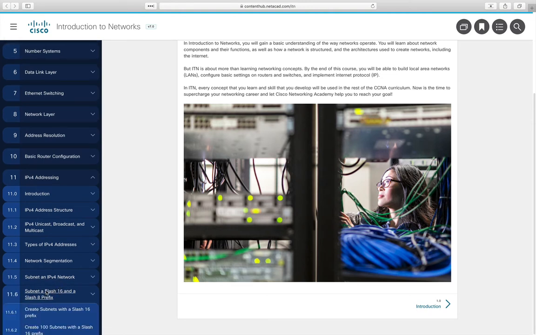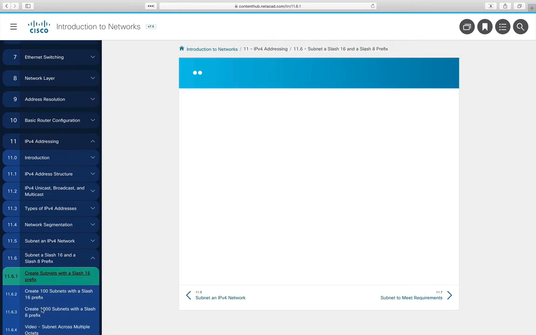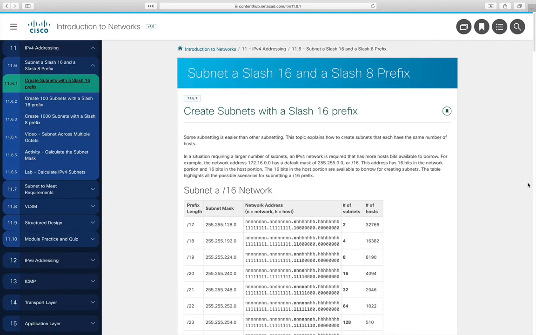Where we need to pick up is in 11.6, and 11.6 is talking about subnetting given a /16 or a /8 prefix. So here in 11.6.1 it says creating subnets with a /16 prefix.